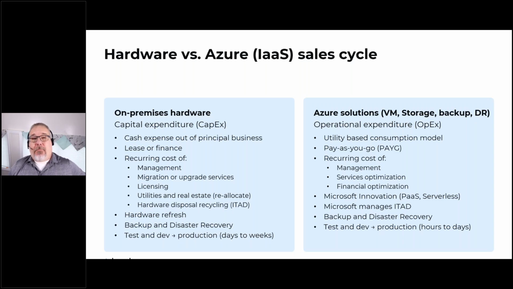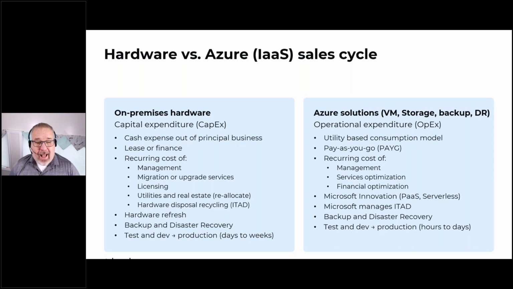Maybe they could move to a smaller building, which would be a good investment for the business owner. Or if they're continuing to build their business and need to hire new people, they can reallocate that server space for someone who's being productive and driving more success within the organization. Those are things I don't think a lot of customers think about, and it works out to be part of the total cost of ownership of having on-premises hardware.